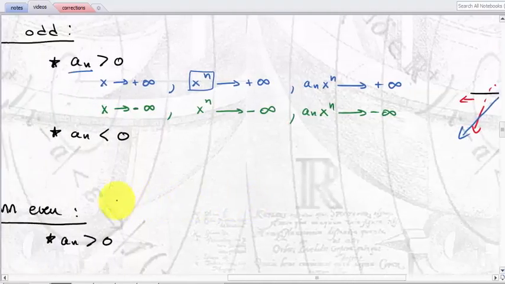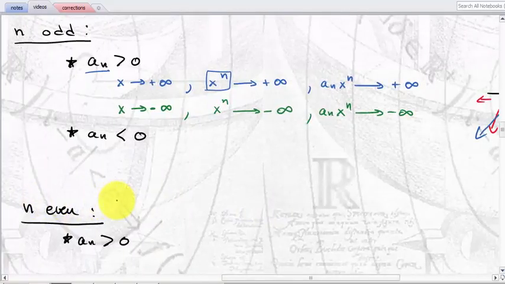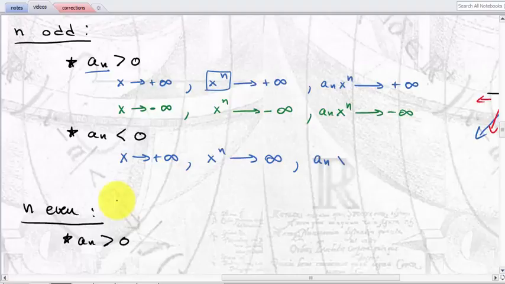So basically, we have a graph from the bottom left to the top right. Let's look at the second one now. If a_n is negative, as x approaches infinity, if you raise x to the power of n, you're still going to approach infinity. And now if you multiply this very large positive number by a negative number, you're going to approach negative infinity.